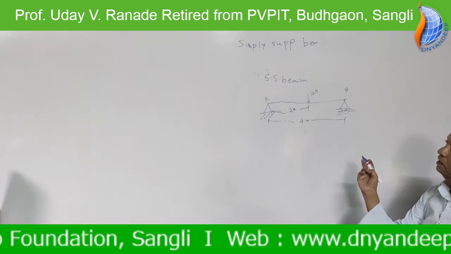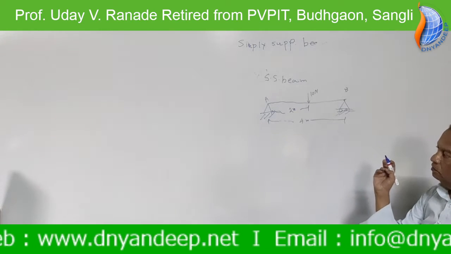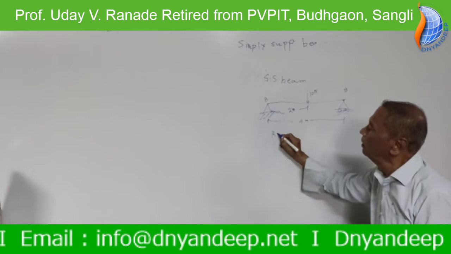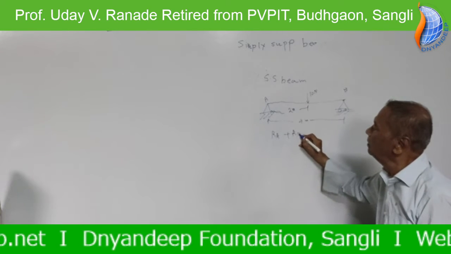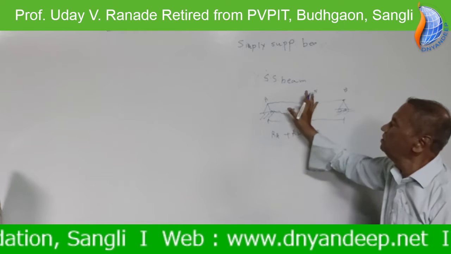Even if hinge is there, there is no horizontal reaction. So what are the reactions? Suppose RA plus RB is equal to 10, and it is symmetrical.